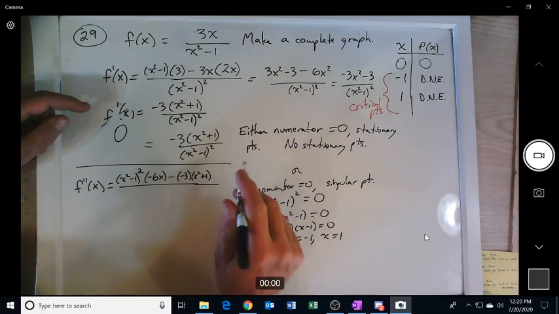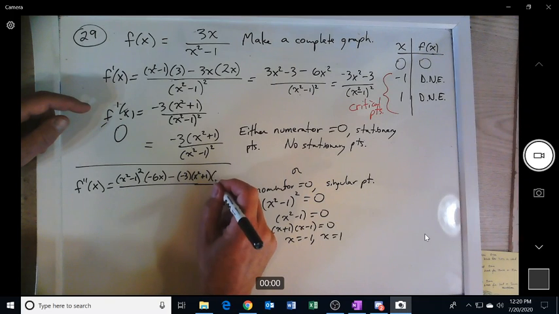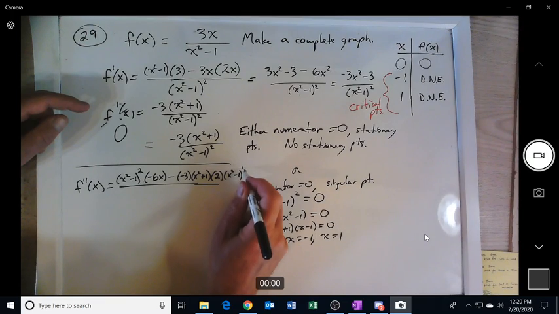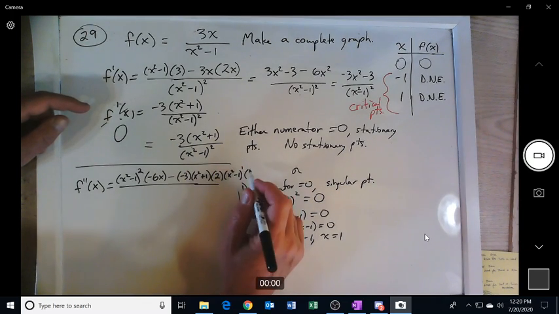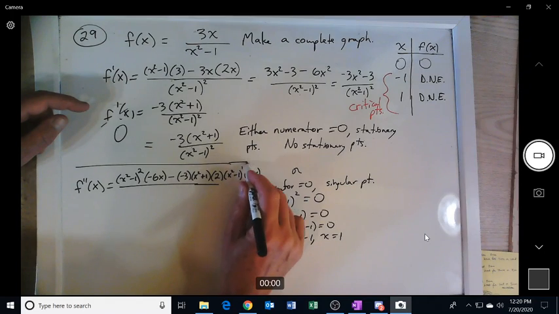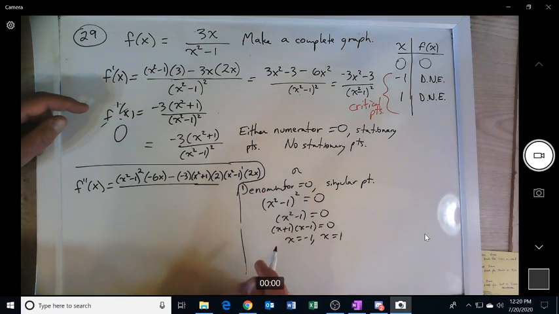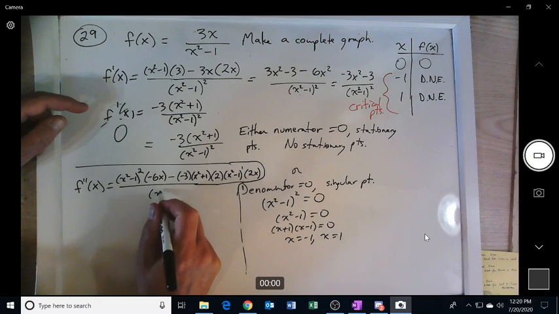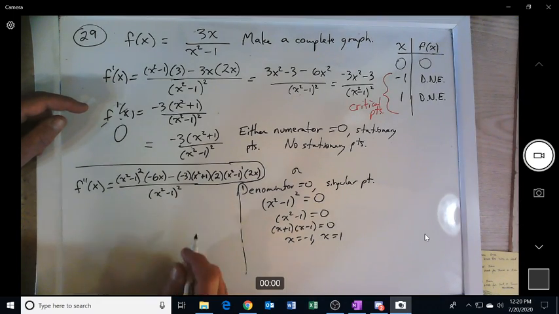When I take the derivative of the bottom, I get a 2 to the first, and then chain rule, derivative of 2x, all over the bottom squared.